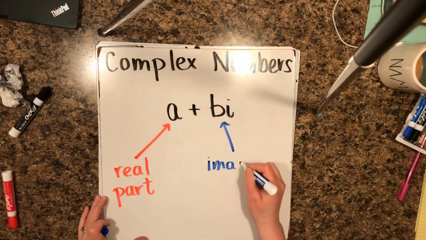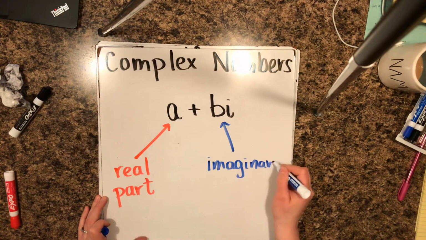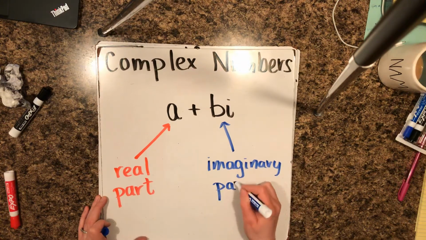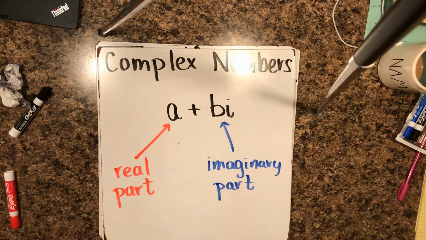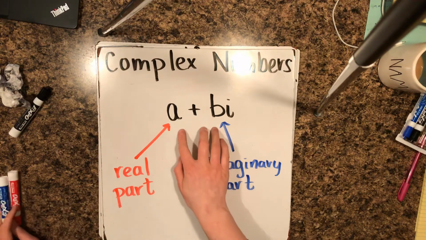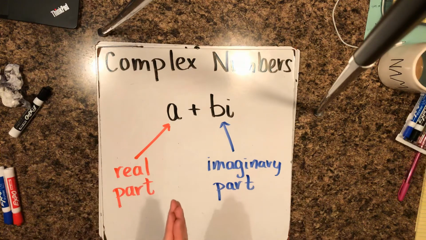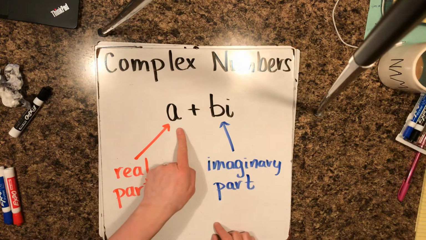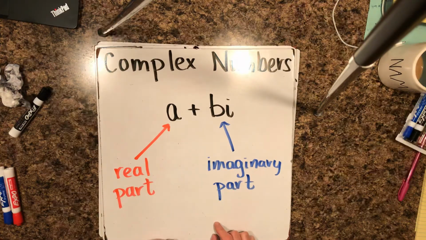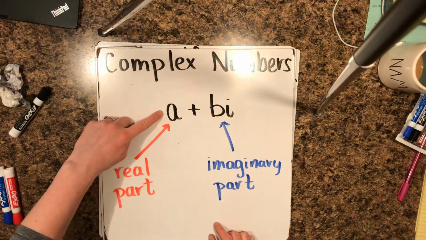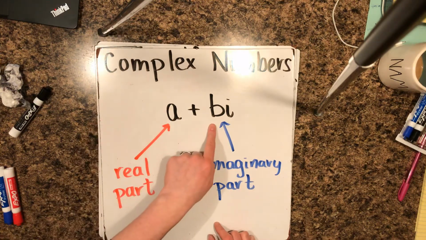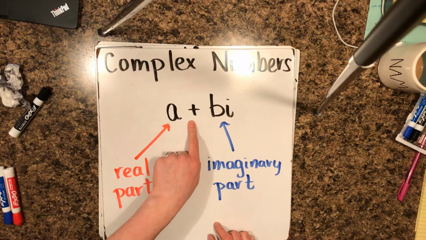And when we put them together, we call it a complex number. This is really just vocabulary, and it's reminding us that if we have a real and an imaginary part together in an expression, we do always put the real first and the imaginary second. As we know, a could be a positive or negative number, so could b.